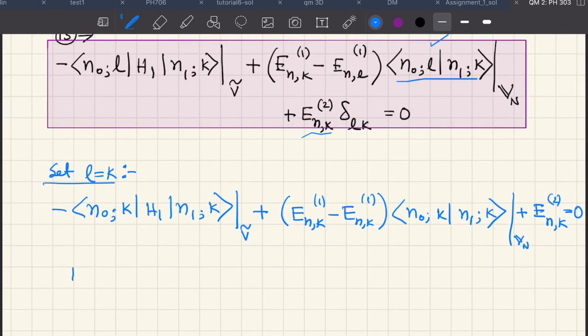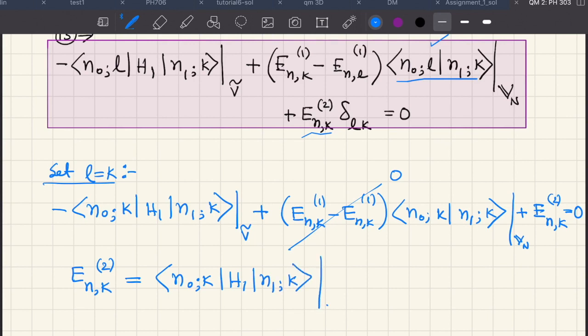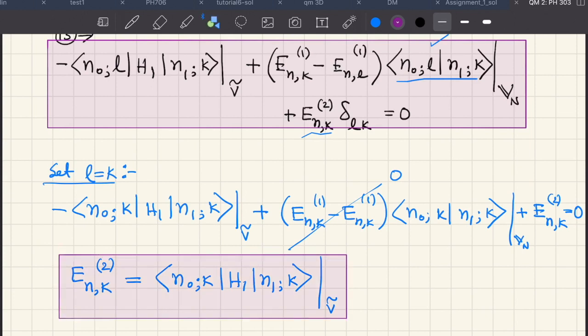Therefore, we can immediately write E_{n,K}^2 as ⟨n0K|H1|n1K⟩ but in V tilde. Several important relations we are deriving today. So let me call this equation 15, and let me call this equation 16.